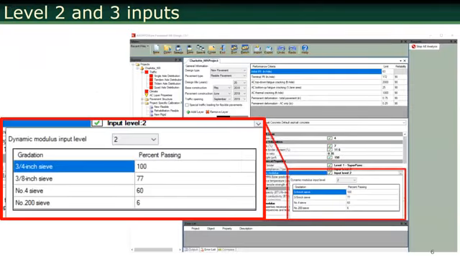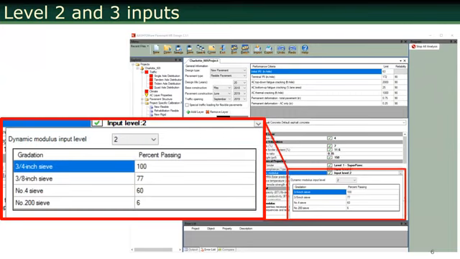If you look at the inputs of the MEPDG or PayMinimi software, if you go to level 2, for example, it will ask you to enter the gradation of the mixture, only 4 of the sieves: percent passing 3/4 of an inch, 3/8 of an inch, percent passing number 4 sieve, percent passing number 200 sieve.